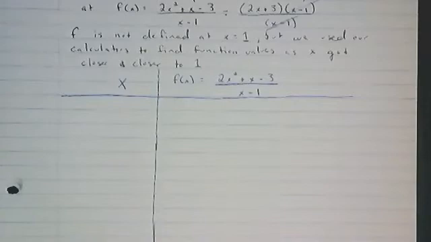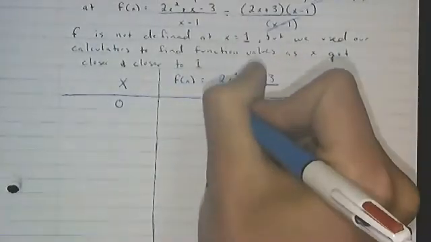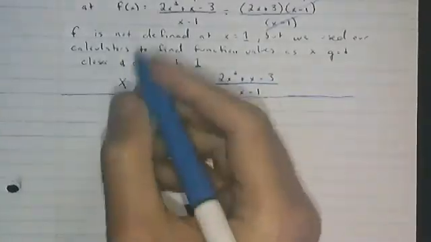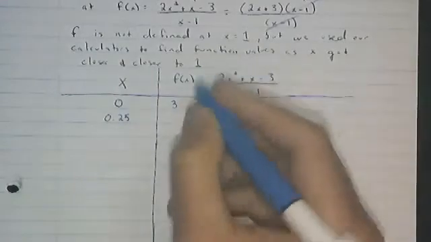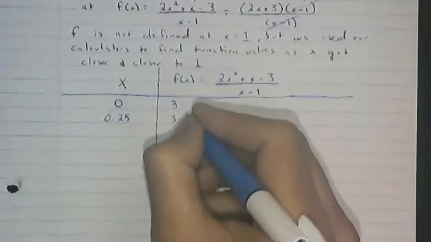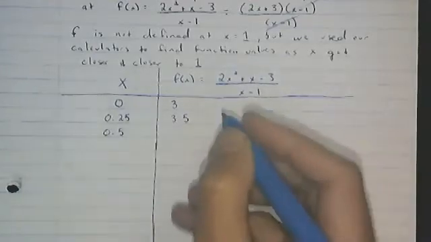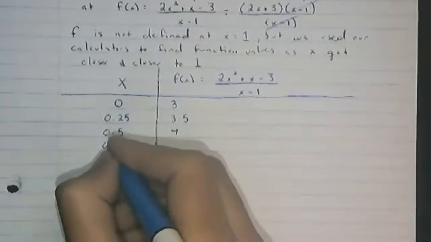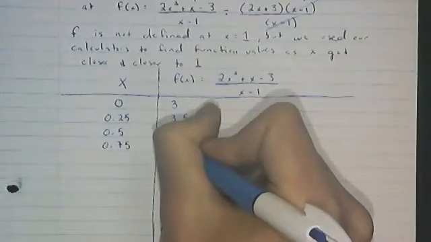We started taking values close to 1 from the left. I think we started at 0, and the function had a value of 3 there. For 0.25, we were at 3.5. At 1/2, we were at 4. At 3/4, we were at 4.5.